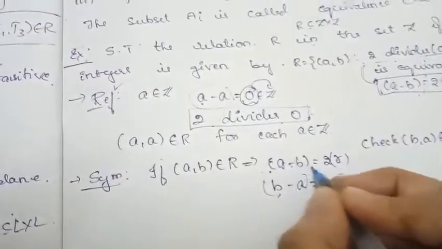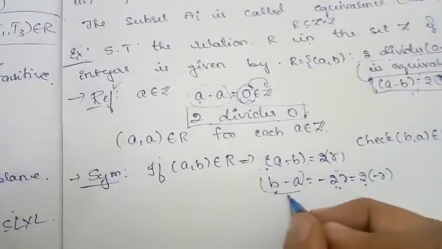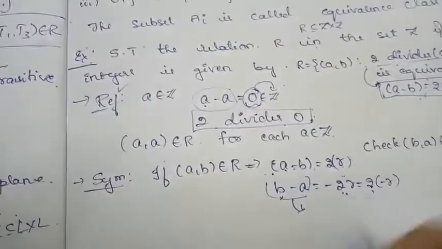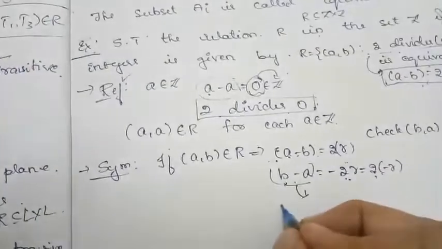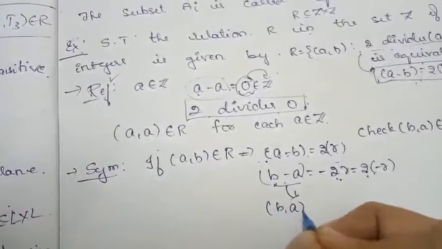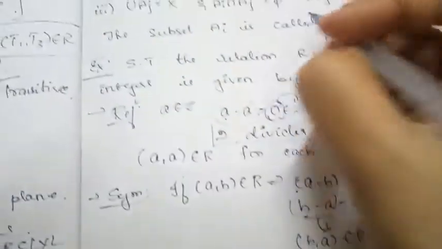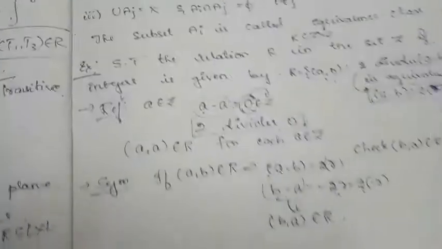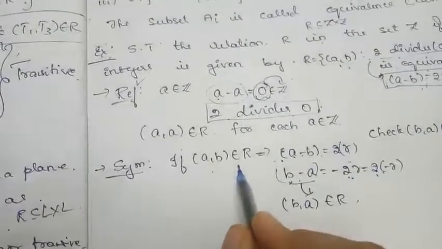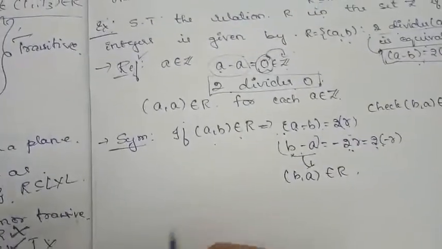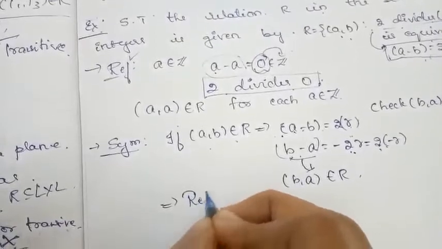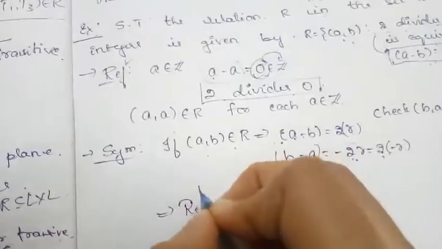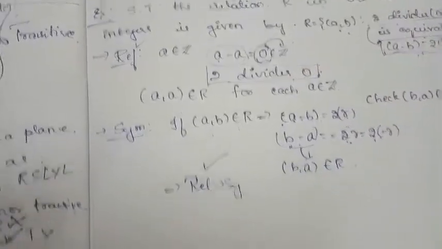If A minus B is divisible by 2, clearly B minus A is also divisible by 2. So B minus A belongs to that relation R. If (A, B) belongs to R, then (B, A) also belongs to R. So the relation is symmetric.